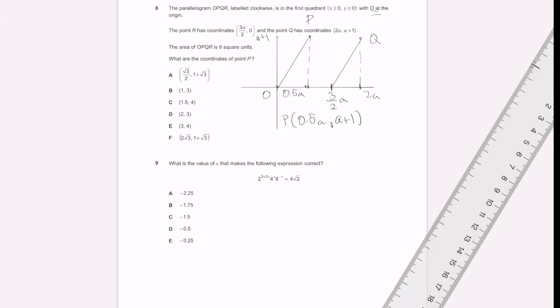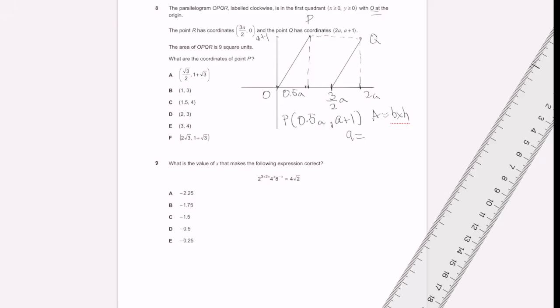And we can determine that because we know that OPQR is 9 square units. Okay, what is the area? Well, the area of this shape, even though it's not a rectangular one, is still going to be base times height. So 9 is going to be equal to the base.